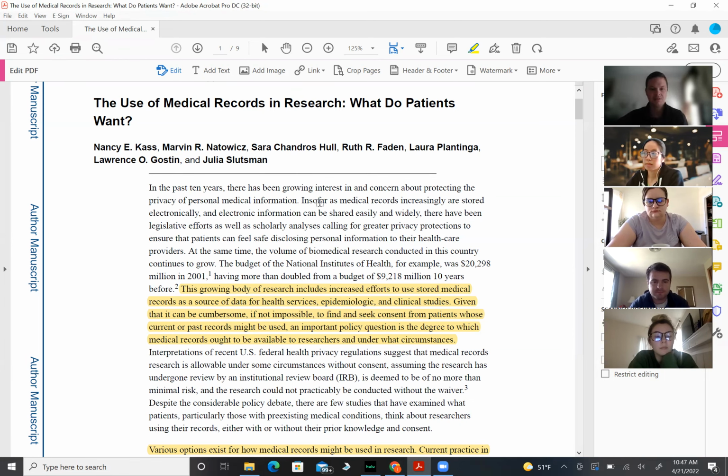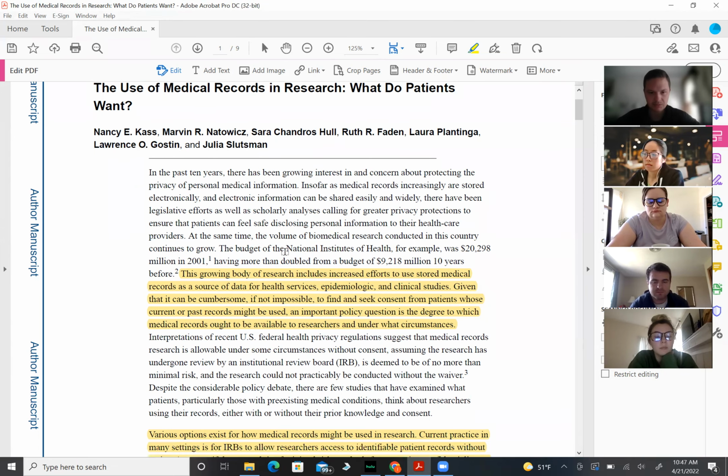This study looked at patients who had chronic illnesses and asked them, how do you feel about your medical records being used for research without explicit consent?